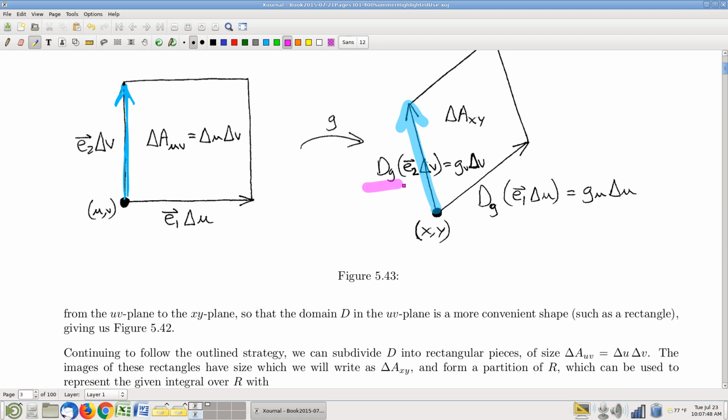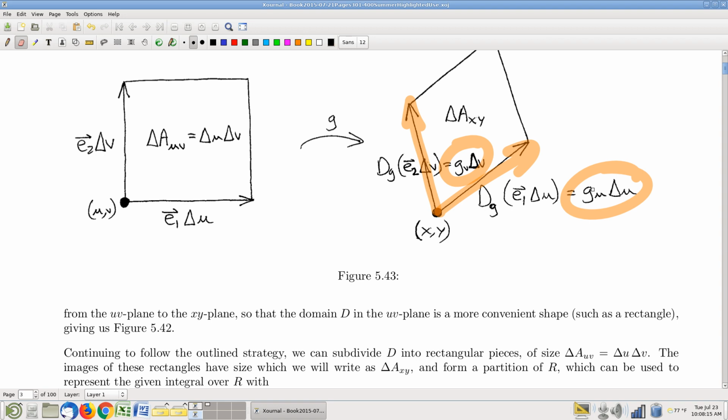The derivative transformation applies, and again, scalars factor out, and standard basis vectors go to partial derivatives. So it's all over but the shouting at this point. I just have to put all the pieces together. I know these two edge vectors: they are GU delta U and GV delta V.